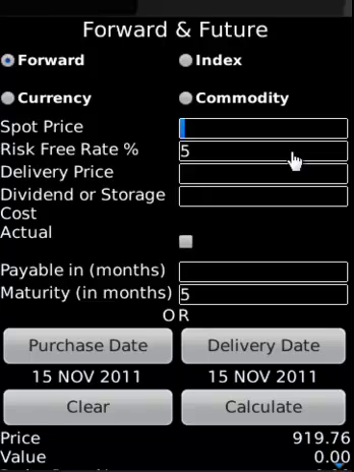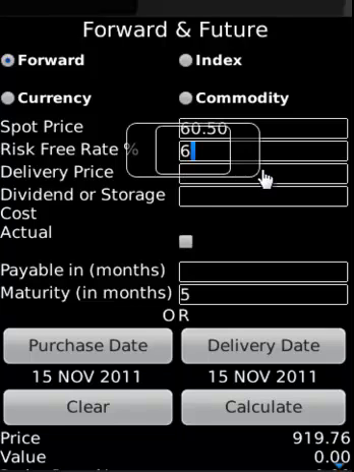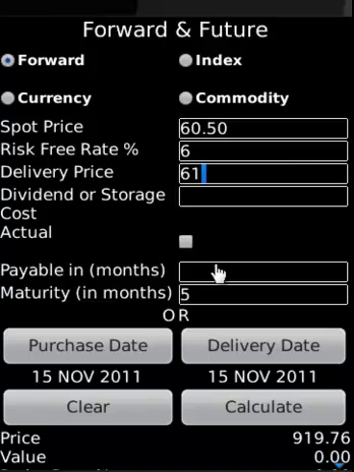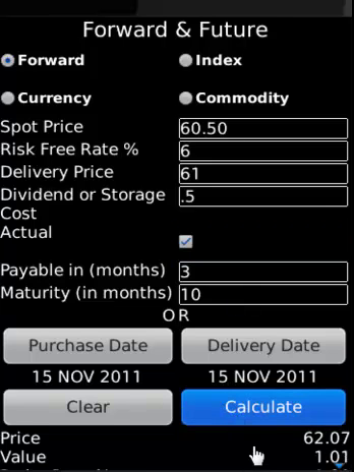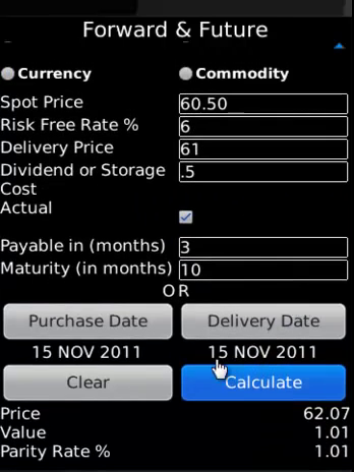Say 60.50 and the risk-free rate is 6%, delivery price is 61, maturity is 10 months, and there is some storage cost which is 0.5, which is actual in this case. So we are calculating. So you see value and parity rate.